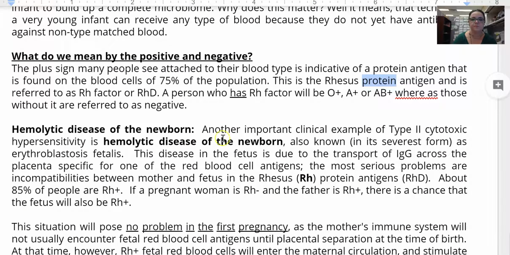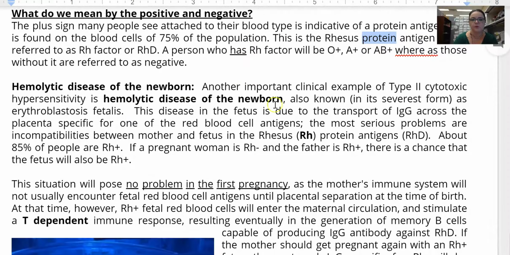Okay, so we go into how you can use these designations to not only make blood transfusions, but also how it affects newborns. So for instance, if you have a mother who has negative blood and a father who has positive blood, the first time around, babies are all going to be fine.